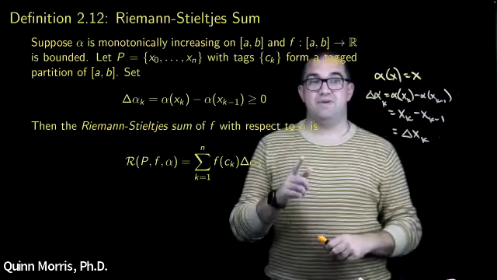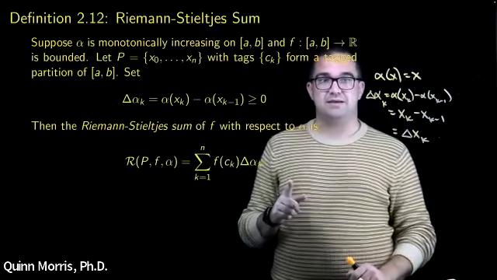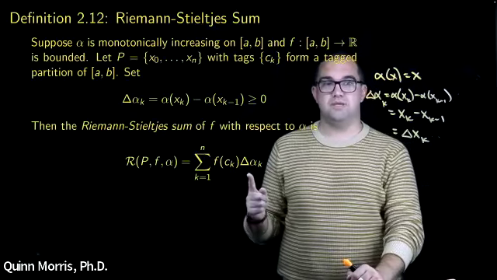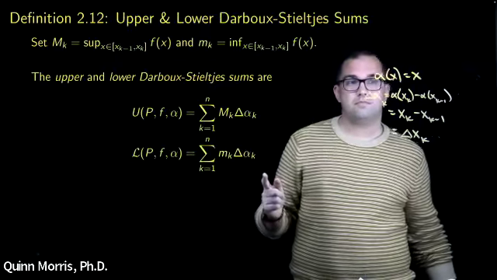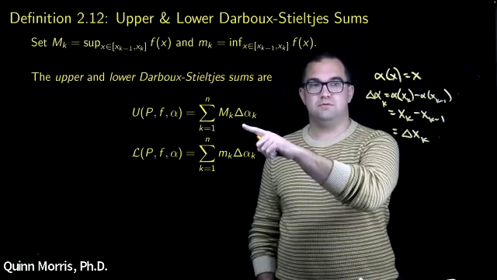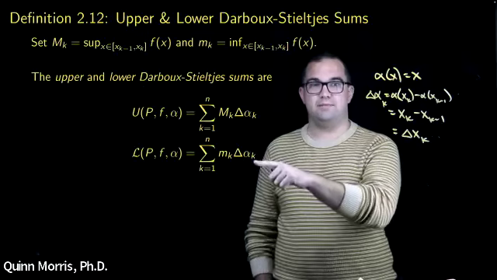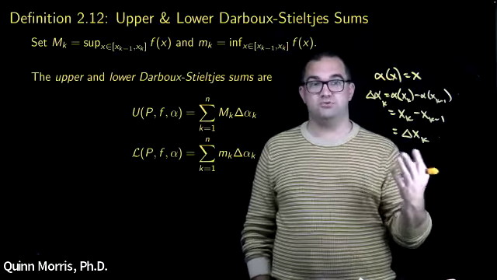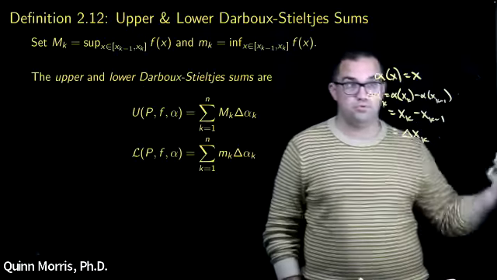So if we fix alpha of x to just be x, then our Riemann-Stieltjes sum just becomes a Riemann sum. Our upper and lower Darboux-Stieltjes sums just become upper and lower Darboux sums.